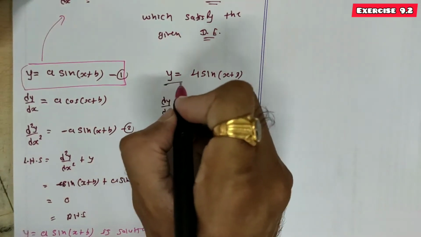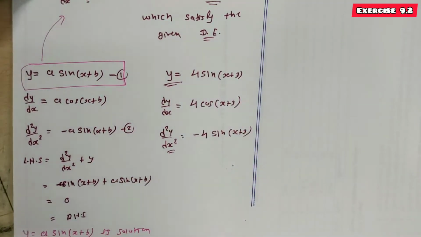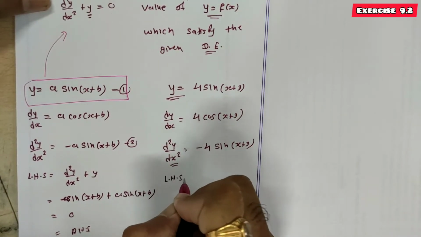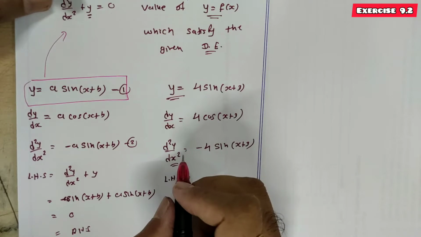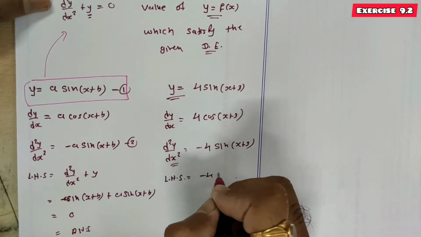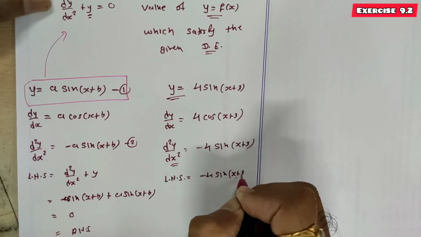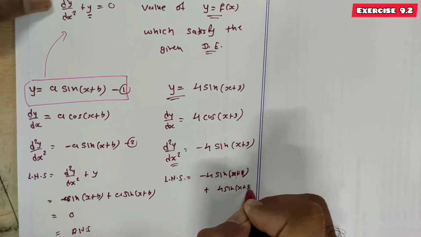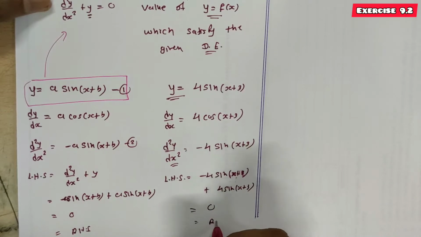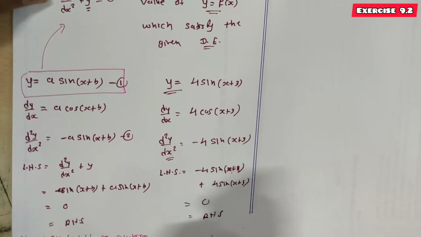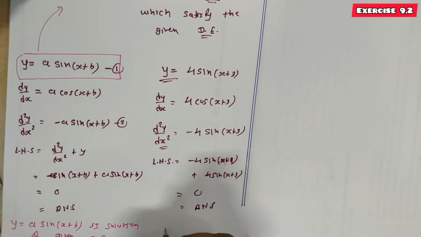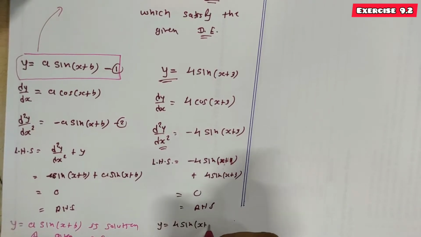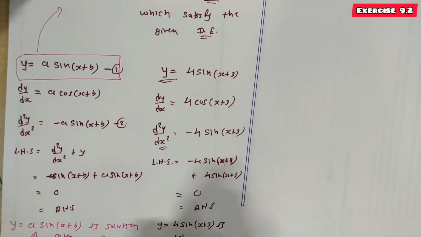Now check this equation. Left hand side is d square y by dx square plus y, that is minus 4 sine x plus 3 plus 4 sine x plus 3, and that is equal to 0. That is equal to our right hand side. So again the equation is satisfied, so we can say that y equal to 4 sine x plus 3 is a solution of the given differential equation.